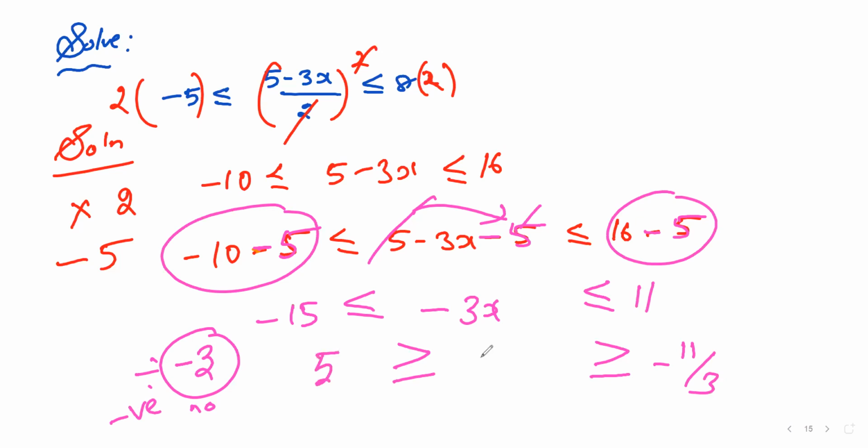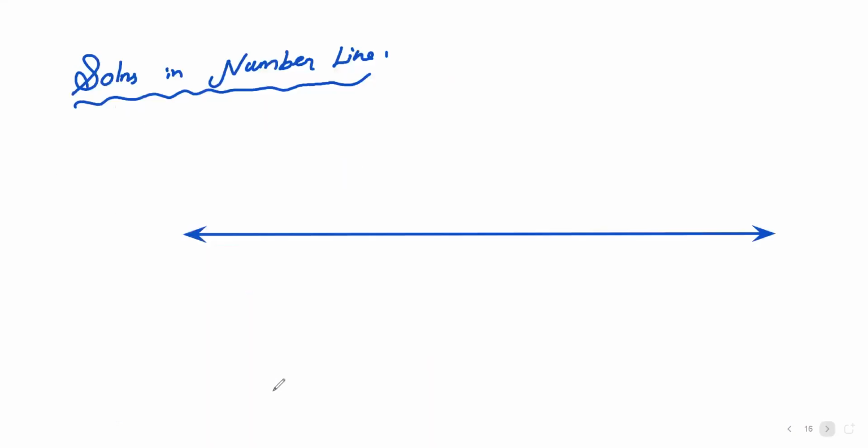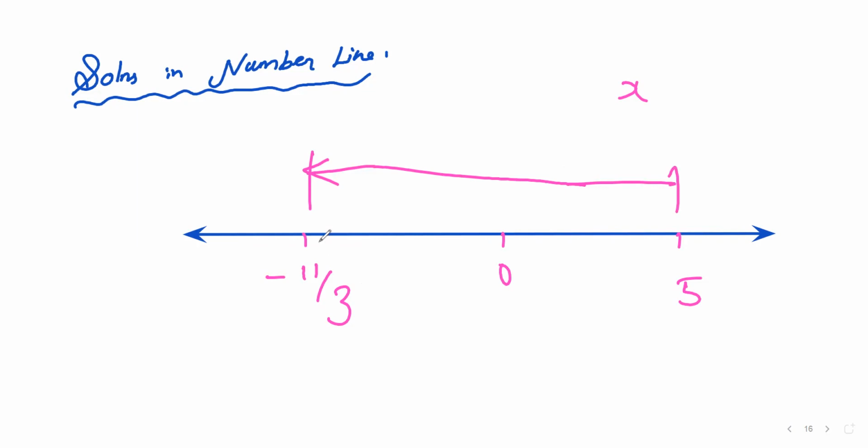Just 5, just x. So your x lies between minus 11 by 3 and 5. Your x lies between minus 11 by 3 to 5.